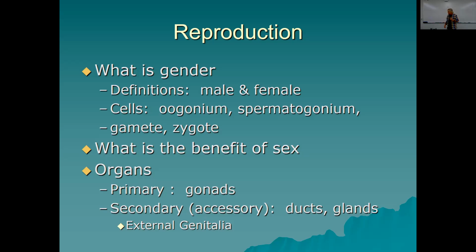Benefit of sex. We don't know. Well, we've got some pretty good hypotheses. It seems almost crazy that sex seems to be so important, so prevalent. But you don't need sex to make babies. Some organisms make babies without sex.